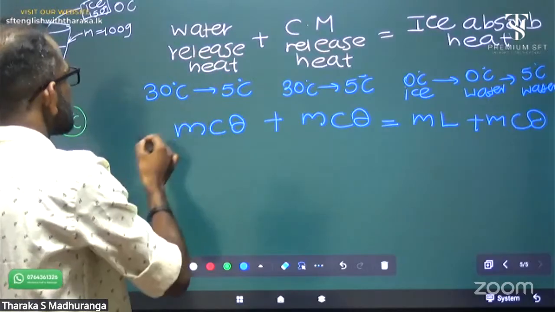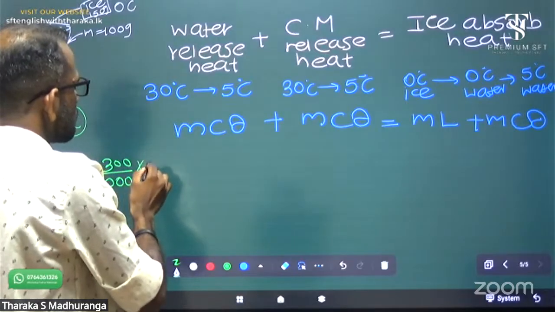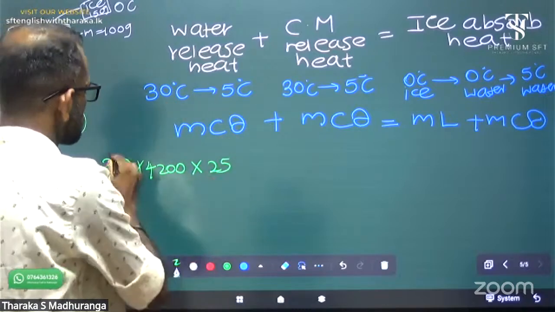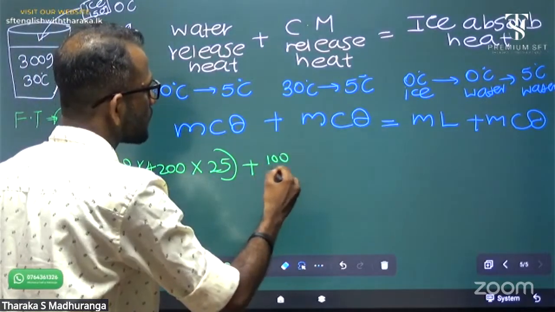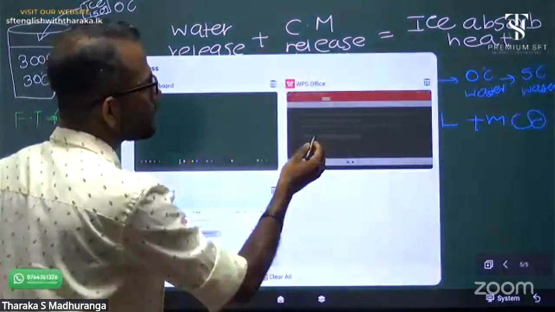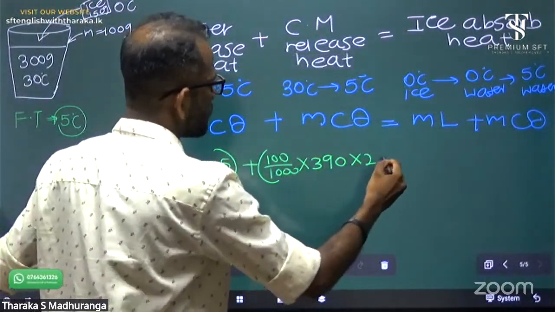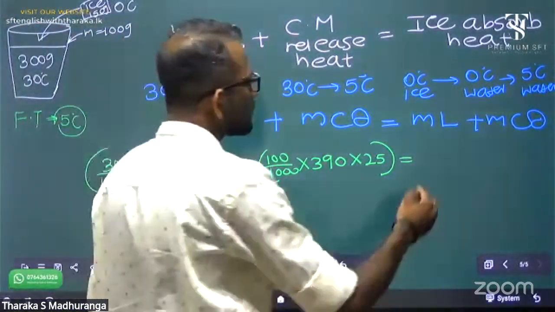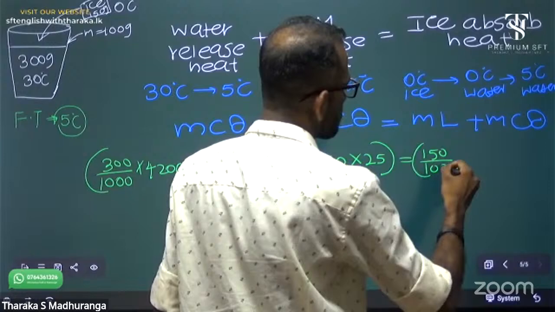Water 300 gram, 300 over 1000, times 4200. What's the temperature difference? 30 to 25. Mass of calorimeter 100 over 1000, that means 0.1, times specific heat capacity of calorimeter 390, temperature difference 25, same. The mass of ice cube 150 over 1000, L we don't know.